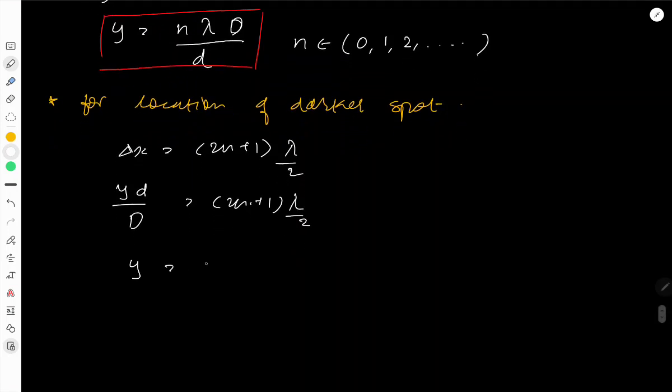Now solving, y equals (2n plus 1) lambda by 2 times capital D by d. We'll continue further with this.